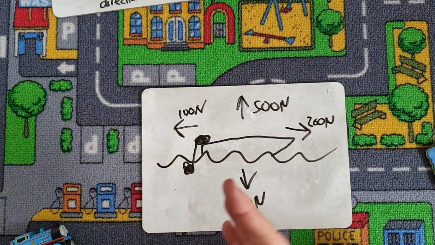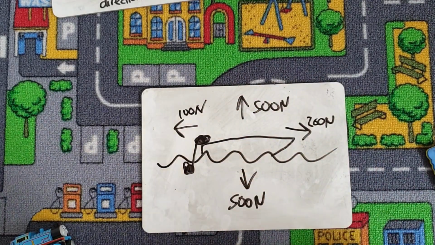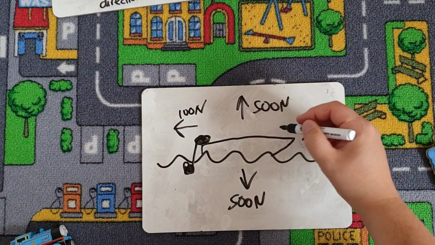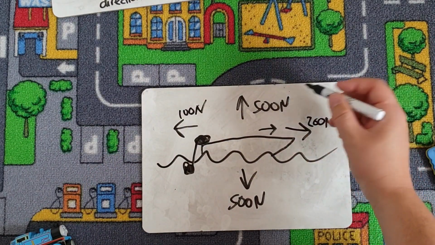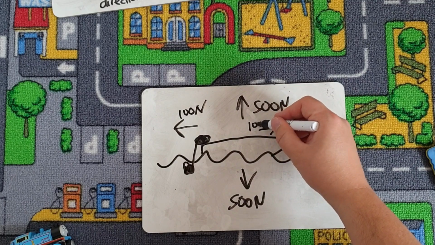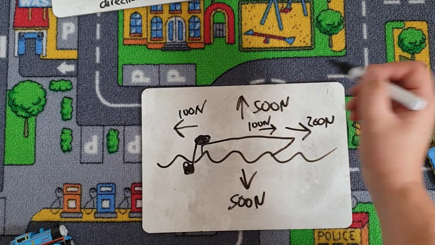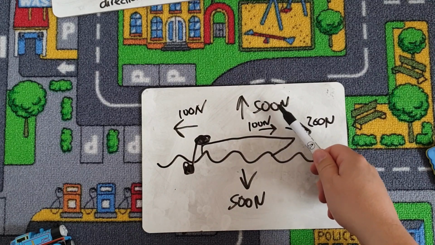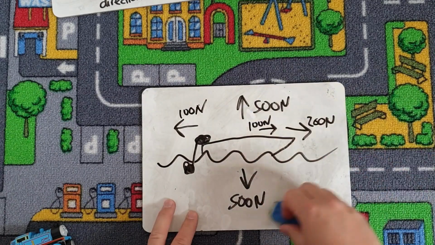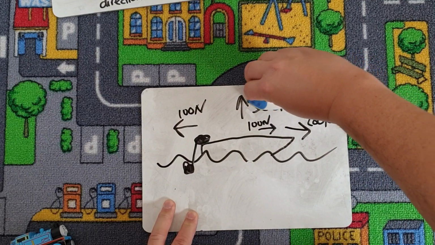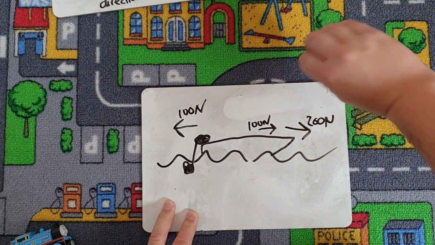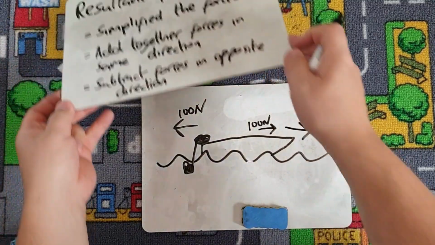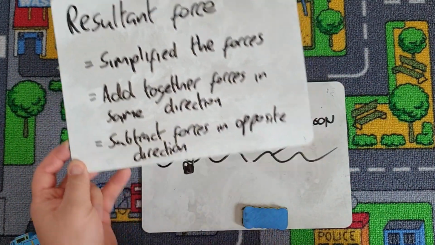But we're also going to say that there's a current on the water here, so the tide is taking the water that way, and so we'll have a force of the tide of 100 newtons. So when we want to cancel all these out, these are opposite directions, so 500 minus 500 equals 0, so we can cancel those out. These, if you remember, if they're in the same direction, we add them together.